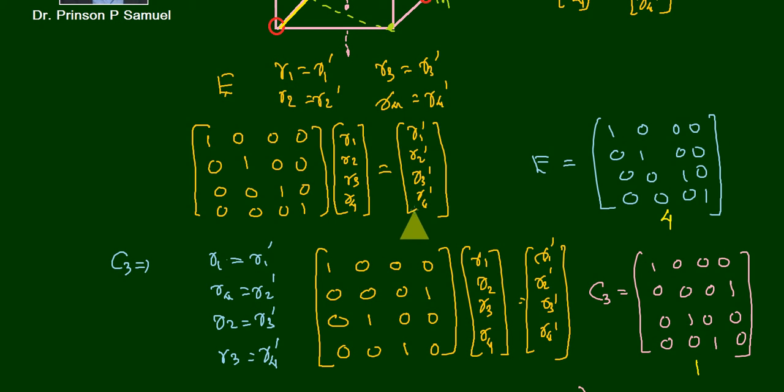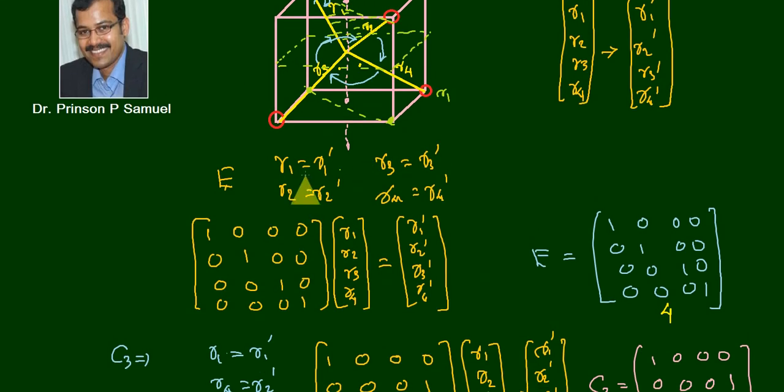In the case of E, all the vectors are retaining their position. R1 dash is equal to R1, R2 dash is equal to R2. It means that all vectors are retaining their positions during E. So the number of vectors retaining the position is equal to 4 here, and therefore the total character is also 4.